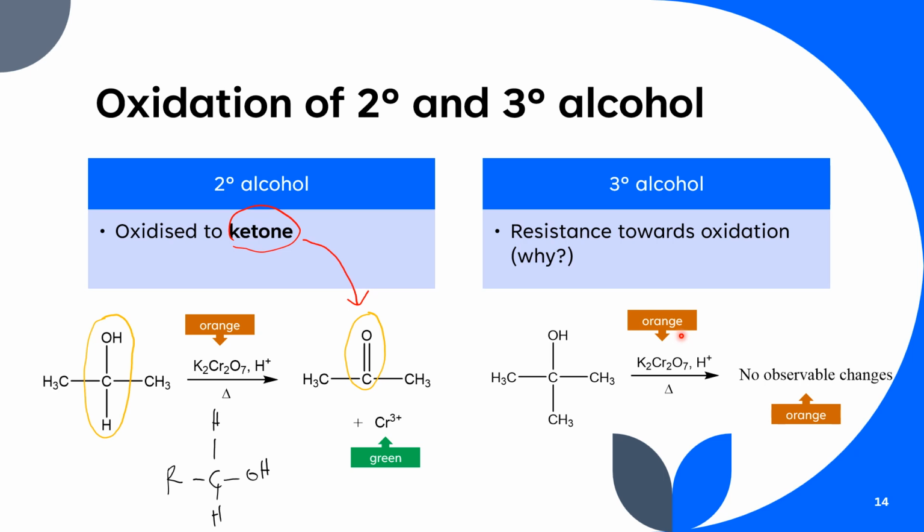Okay, so since tiada reaction yang berlaku, so you akan nampak after a few moments, the orange color akan remain lah. Okay, orange color of the solution itu akan remain. So that shows that tertiary alcohol cannot undergo oxidation ataupun resistant towards oxidation.